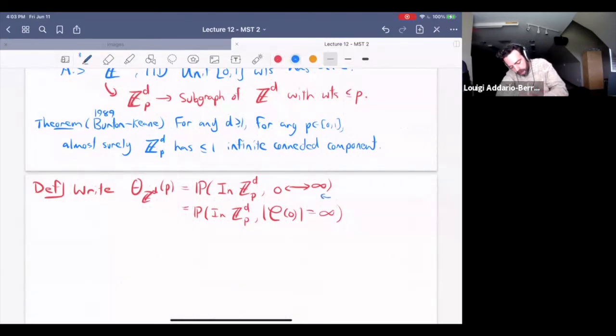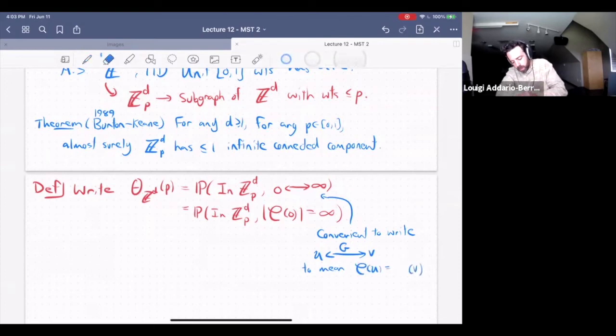It's convenient to write u <-> v in G to mean that u and v are in the same connected component of G, right? That the connected component of G containing u is the same as the connected component of G containing v.